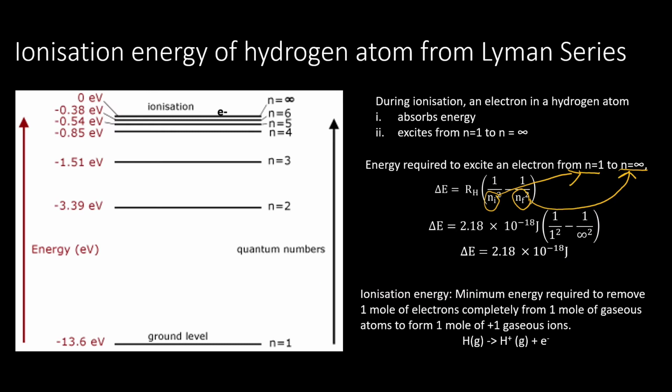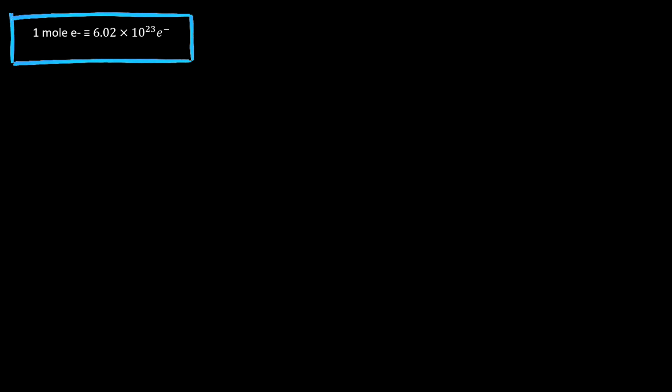In ionization energy, instead of removing 1 electron, we are removing 1 mole of electrons. So, how should we calculate the ionization energy or the minimum energy required to remove 1 mole of electrons? Remember, 1 mole of electron is equivalent to 6.02 times 10 to the power of 23 electrons.